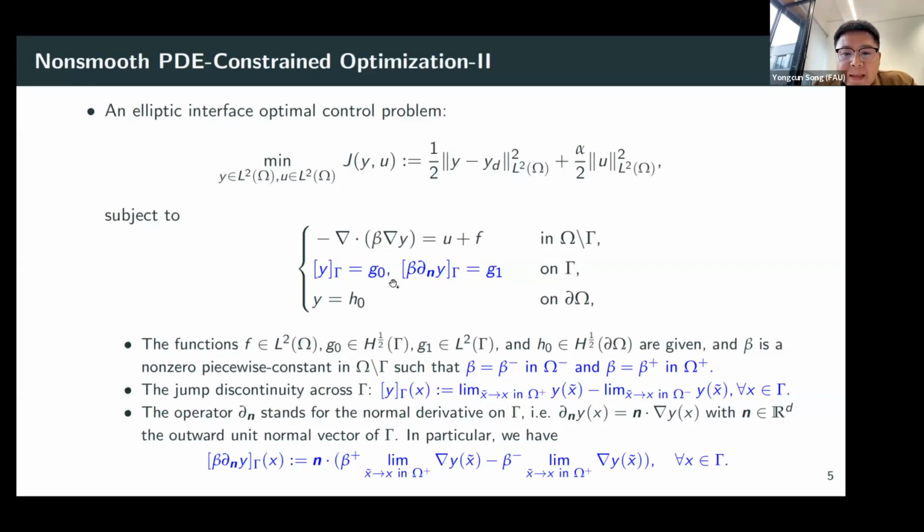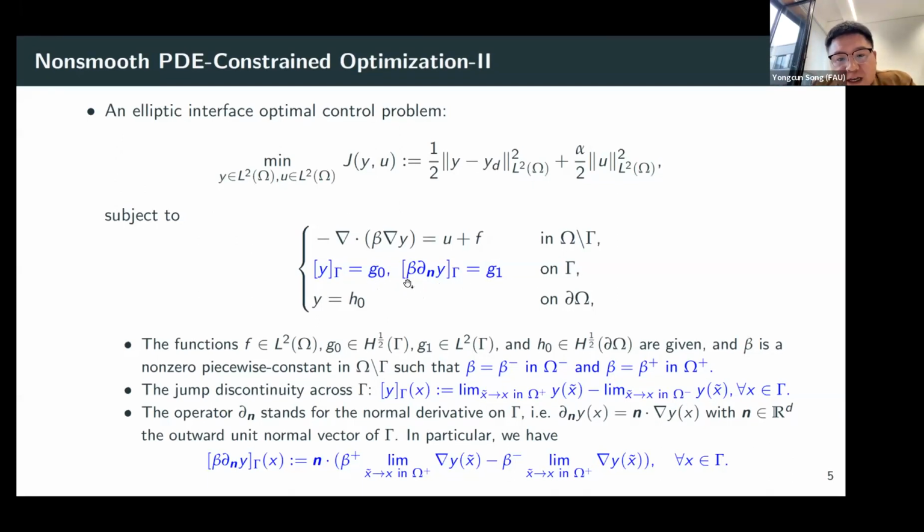Here beta is piecewise constant: beta equals beta minus in omega minus and beta plus in omega plus. The jump discontinuity across gamma is defined in this way: on different sides of the interface the function value is different. And this is the jump of the normal derivatives.